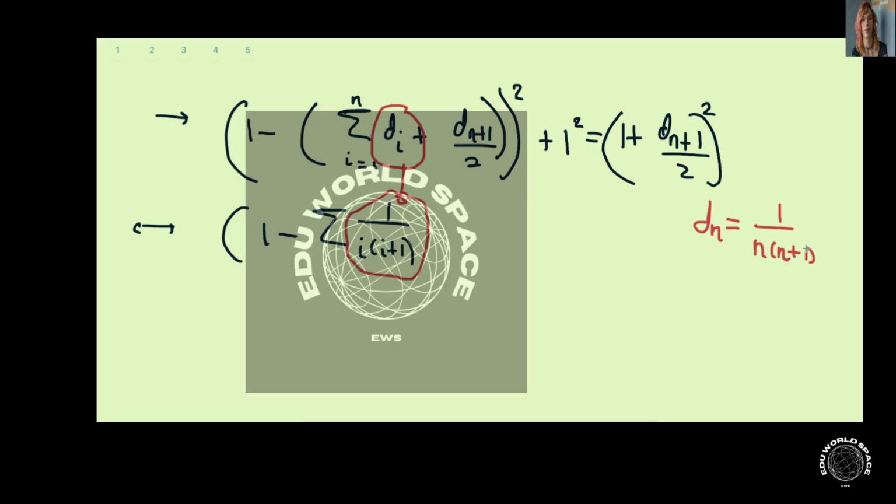This is also known as strong induction. We're assuming that the formula is true for all the values up to n. So since this sum is for i from 1 to n, the hypothesis holds for these d values. That's why we replace it with the fraction. But then we still add the other term at the very end outside of the sigma. And then we just rewrite everything else as is.